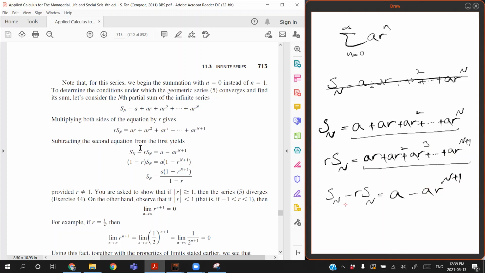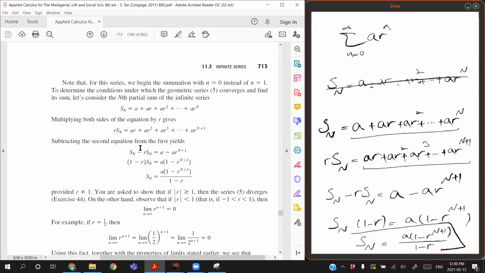So at this point, I can factor out Sn. 1 minus r is equal, I can here factor out a, 1 minus r to the power of n plus 1, and have a formula for Sn. A times 1 minus r to the power of n plus 1 over 1 minus r, dividing both sides by 1 minus r.